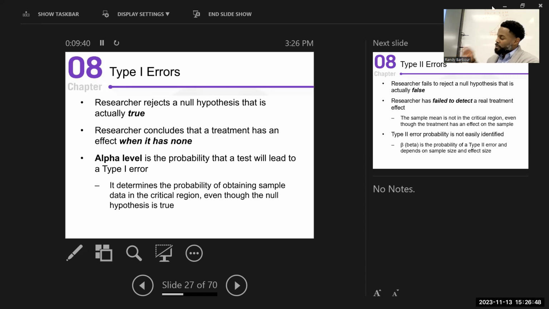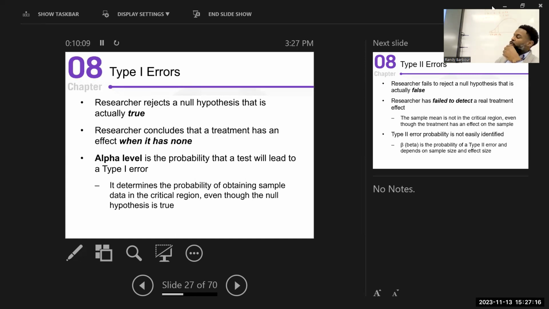So there are two types of errors that you can make when making your statistical decisions. The first error is what we call a type 1 error. The type 1 error indicates that the researcher rejects the null hypothesis when the null hypothesis is actually true.